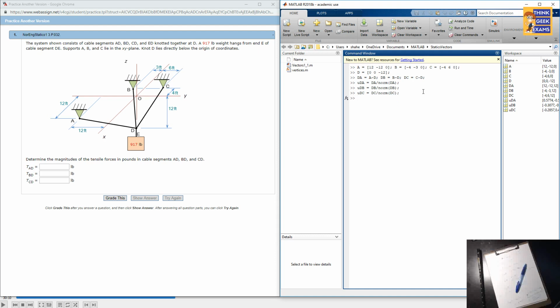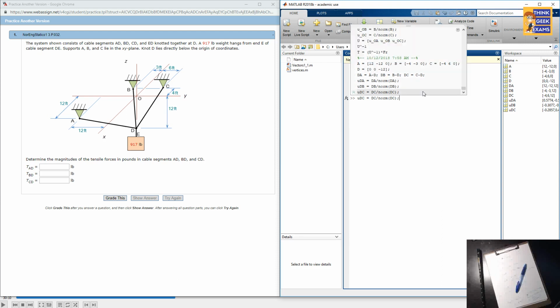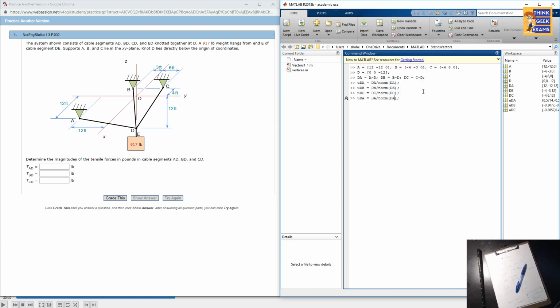So now we have the three directions of the forces, and we need to find out what the TAD, TBD, and TCD are. So what we're going to do is form a U matrix. I need to actually turn these into column matrices.